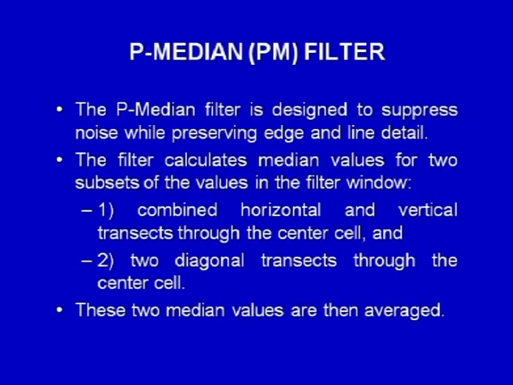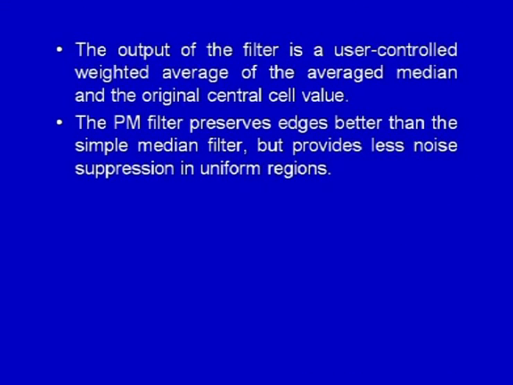These 2 median values are then averaged. The output of the filter is a user controlled weighted average of the average median and the original central cell value. The PM filter preserves edges better than the simple median filter, but provides less noise suppression in uniform regions.